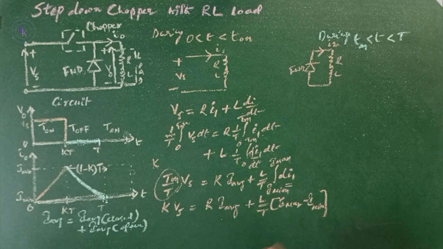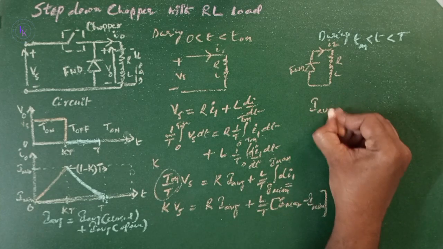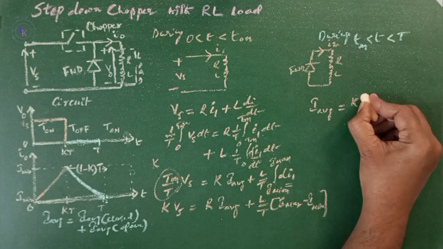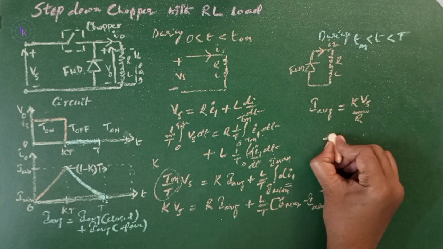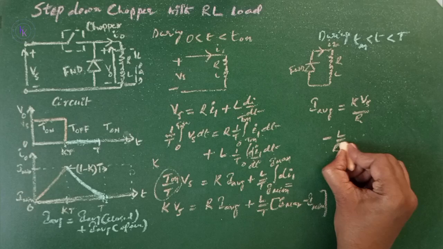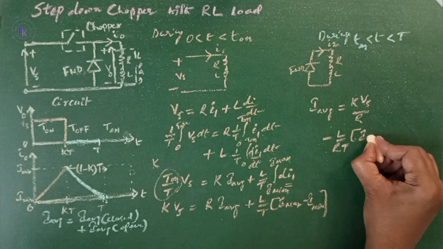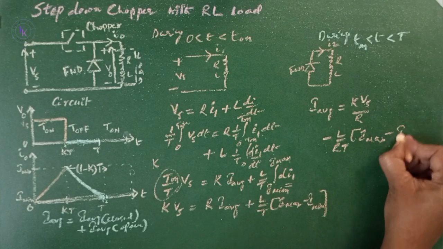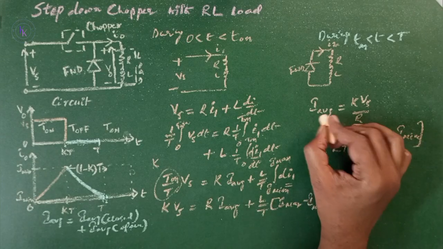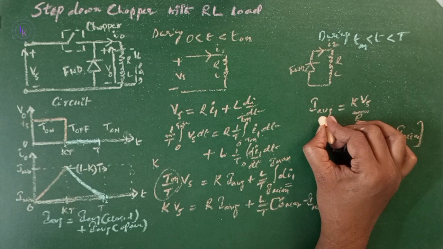Now let us solve this for I average. I average equals K Vs by R minus L by RT of I max minus I minimum. This is the average value when the chopper is closed.